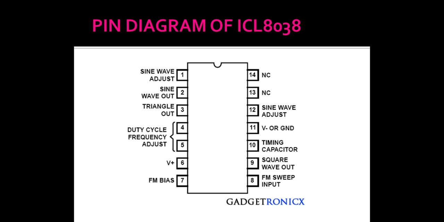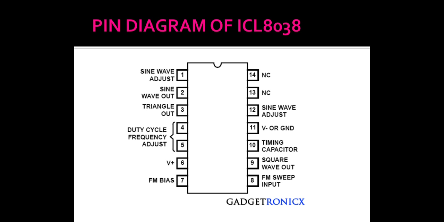For that we have to connect a potentiometer between pin numbers 12 and 11, or between the terminals 1 and 6. By varying the potentiometer, we can adjust the distortions in the sine waveform.